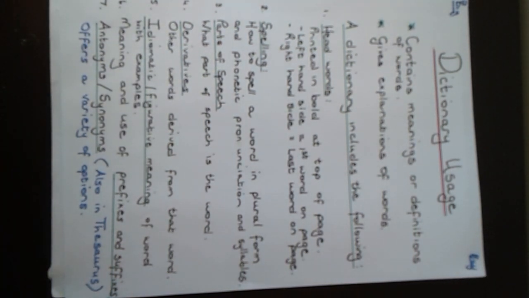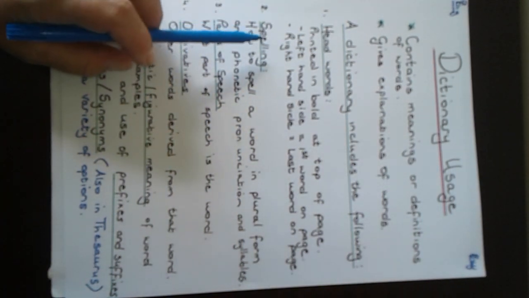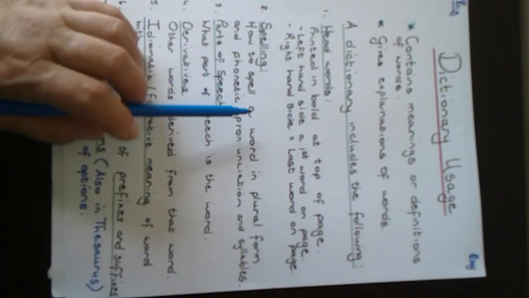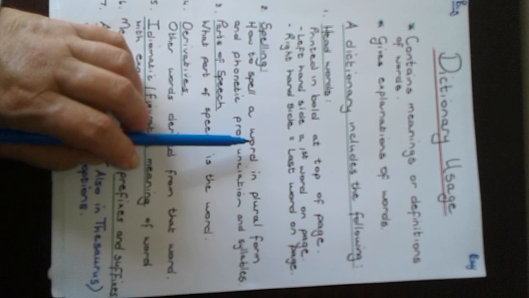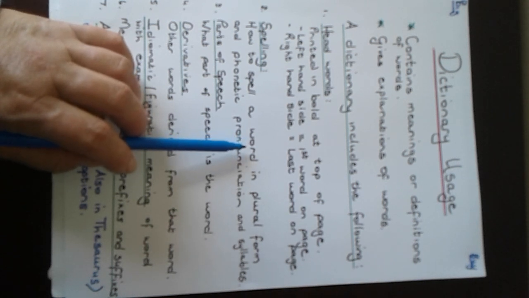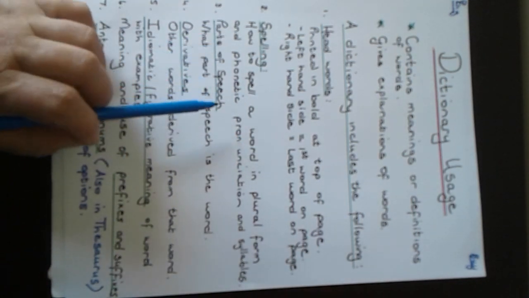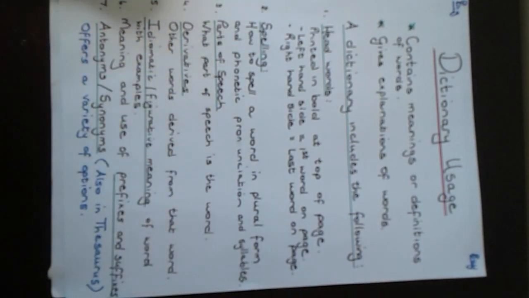Then we also use the dictionary to consult for how to spell a word in the plural form and also its phonetic pronunciation, which I will indicate to you now when we have a look at the dictionary inscription. Parts of speech. What part of speech is this word? Kick. You look up the word kick. Now you want to know, is this an adjective?